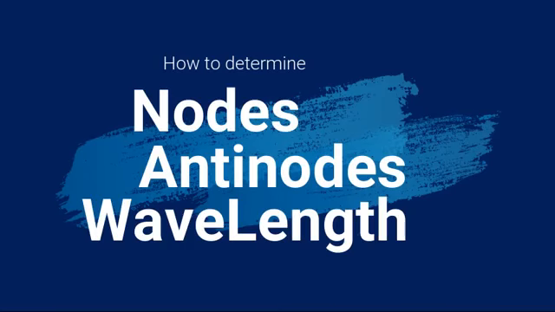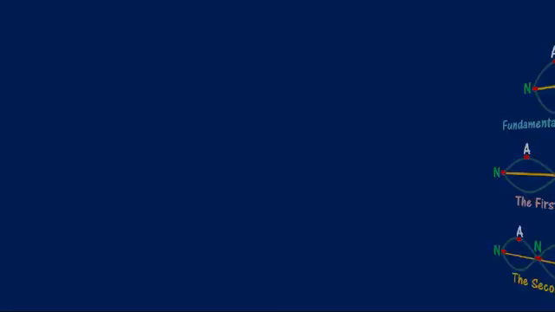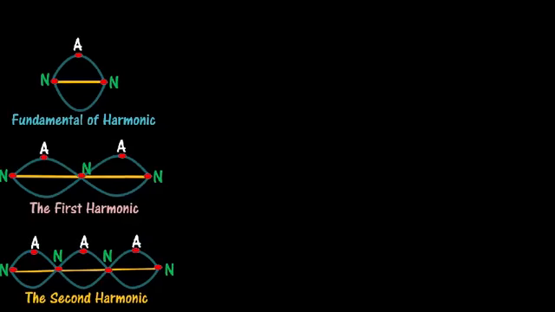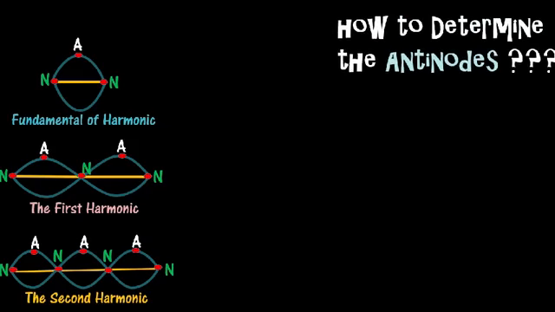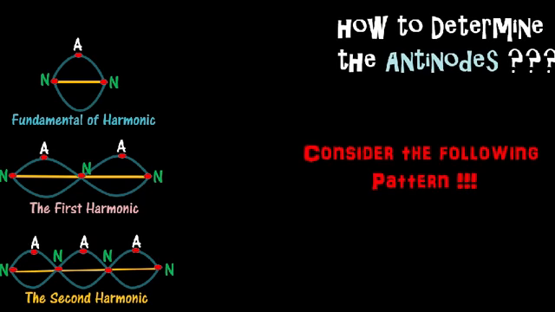Let's see how to determine the number of nodes, antinodes, and wavelength. To determine the antinodes, please consider the following pattern. If n is 0, the antinodes is 1.